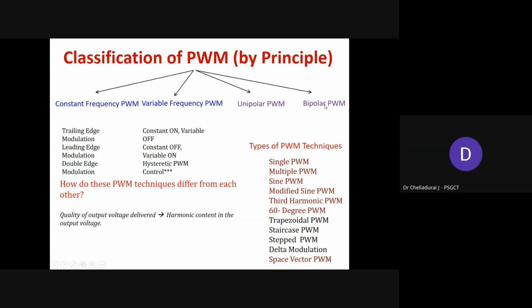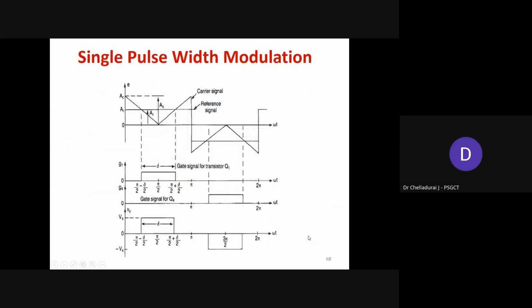In unipolar and bipolar, we can use different types of PWM techniques: single pulse width modulation, multiple pulse width modulation, sinusoidal pulse width modulation, modified sine PWM, third order harmonic PWM, 60-degree PWM, trapezoidal, staircase, stepped PWM, delta modulation, and one of the very important PWM techniques, space vector pulse width modulation.